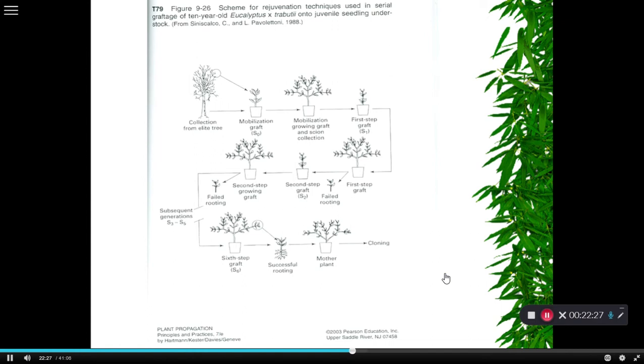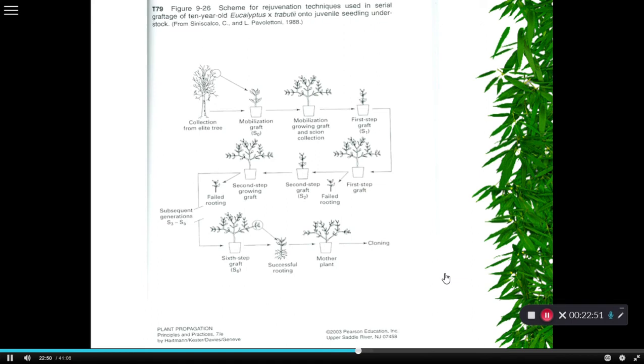And again, it's grafted at this point. And we take a cutting now from, and I think it's important to remember here, the genetics, since it's a grafted plant, the genetics are the same as that elite tree that we started with, even though it's growing in this bush form now. Okay, so we take a cutting, we try to root it, it fails.